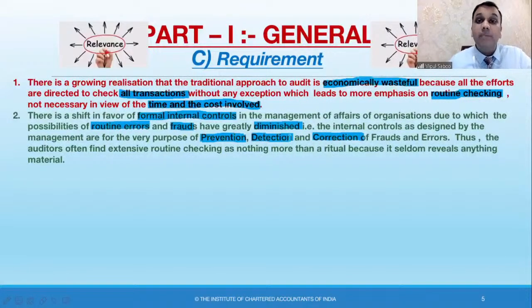If we were not able to prevent it, internal controls have been strengthened and policies framed, which has led errors and frauds to occur less in the organization. They are being prevented, detected, and corrected in a timely manner.